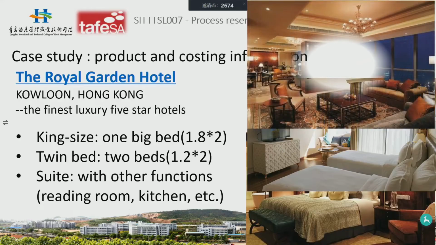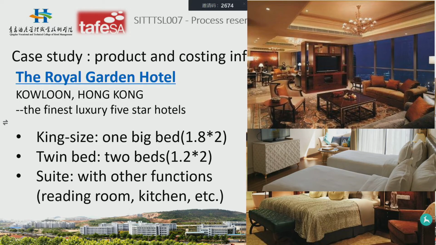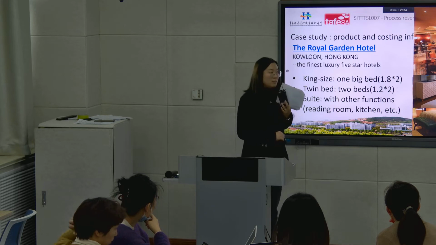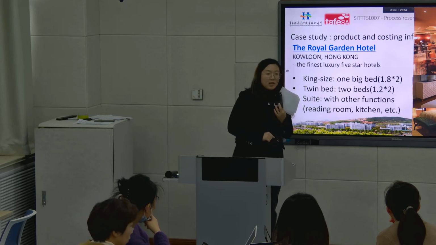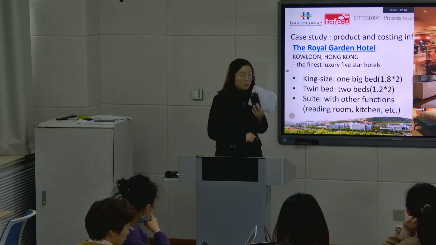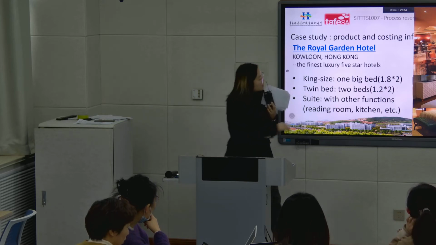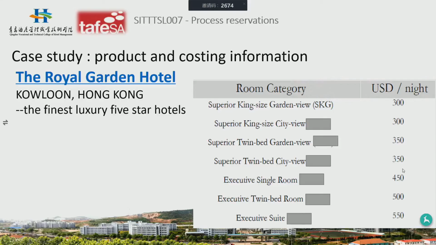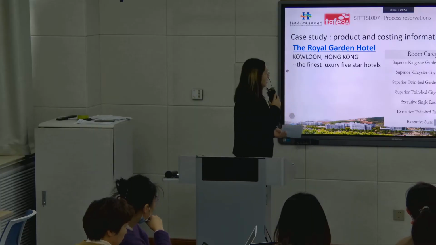And suite. When the room has other functions besides the accommodation function, such as a reading room, sitting room, or kitchen, we call this room a suite, right? This is a sitting room. And we know the room types are different in different hotels.